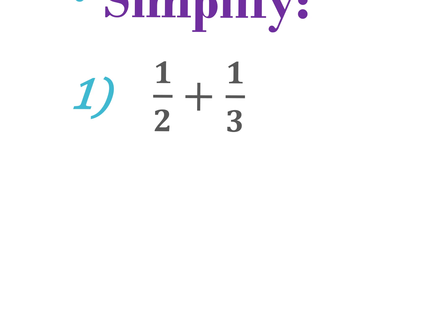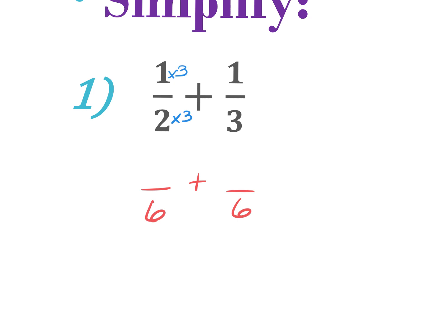So my LCD here, if you start looking at the multiples of 2 and 3, multiples of 2 would be 2, 4, 6. Multiples of 3 would be 3, 6, 9. The one that is in common, that is the smallest, is a 6. And remember, whatever we're going to multiply to the denominator to make it become that LCD, we're going to also multiply to the numerator. So I'm going to multiply the 2 by a 3 to make it a 6.